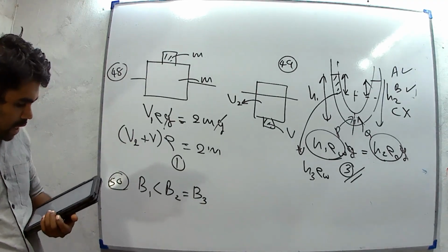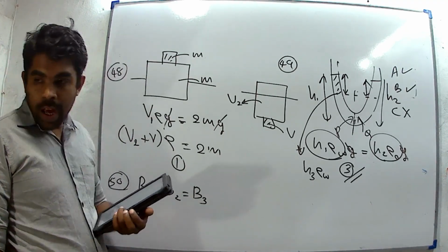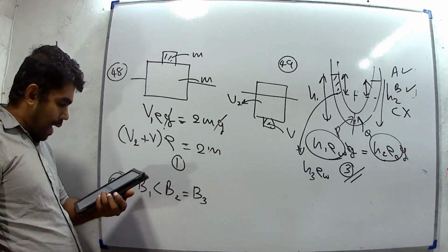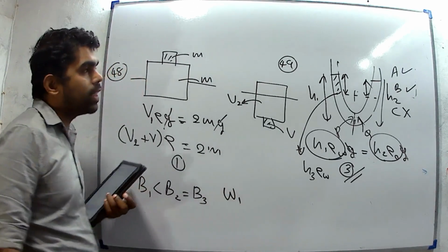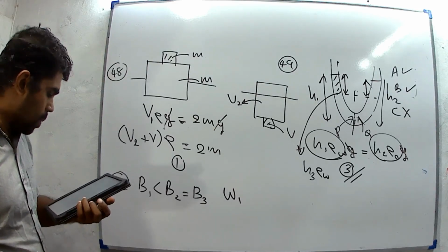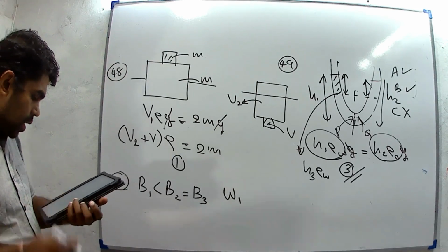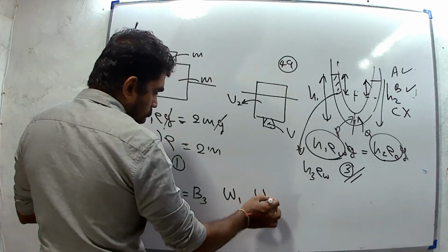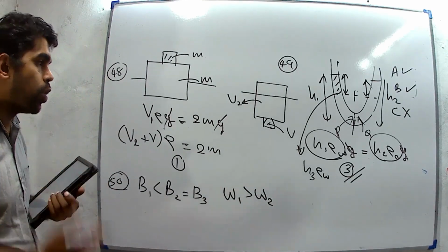And when considering the spring balance reading, the maximum reading is W1. It is equal to the weight of the given copper block. And when immersing it in water, W2 is smaller than W1 because there is an upthrust on the object.